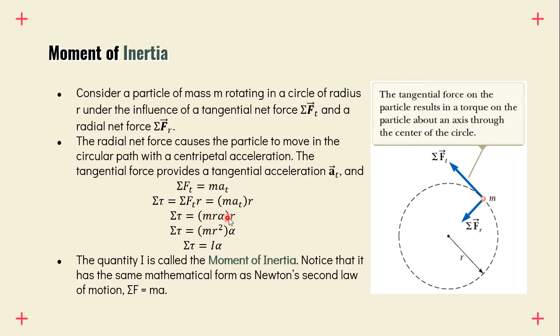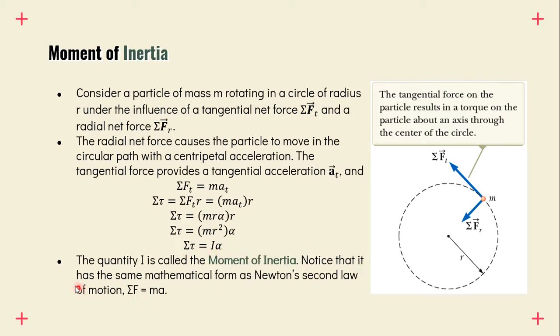Rearranging this equation, we have m r squared times alpha, and this quantity m r squared can be simplified into I, and this quantity is called the moment of inertia. So our final equation here is torque is equal to the moment of inertia times angular acceleration.